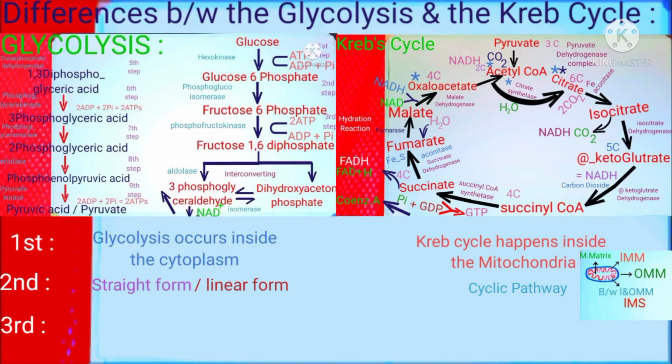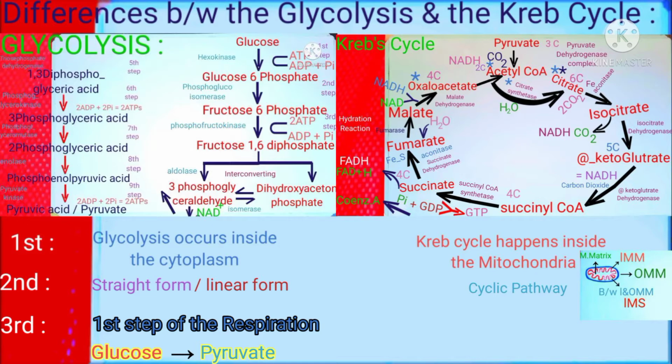The third difference between glycolysis and the Krebs cycle is that glycolysis is the first step of the respiration process, during which glucose is taken and is split into a simpler form, pyruvate. You can also prove this statement from its diagram that glucose is gradually broken down into the end product of glycolysis, that is pyruvate.